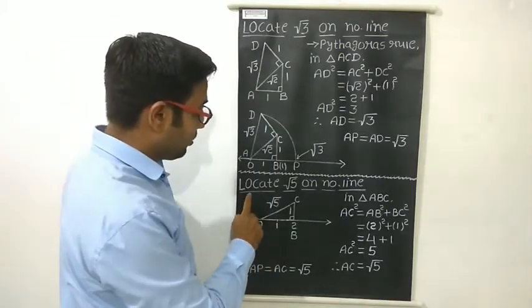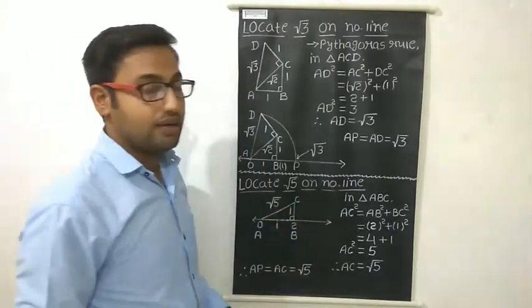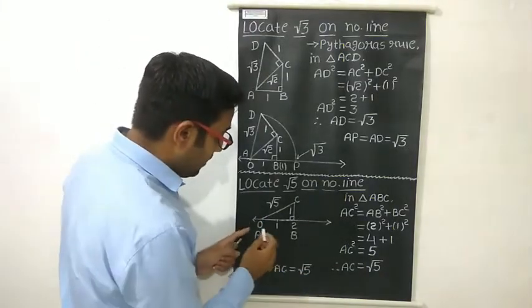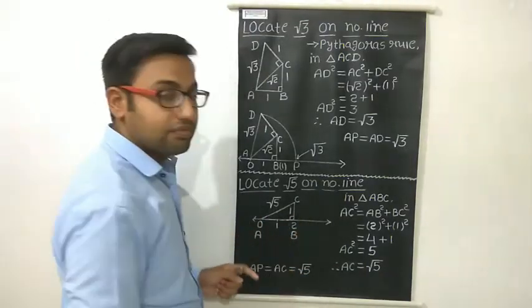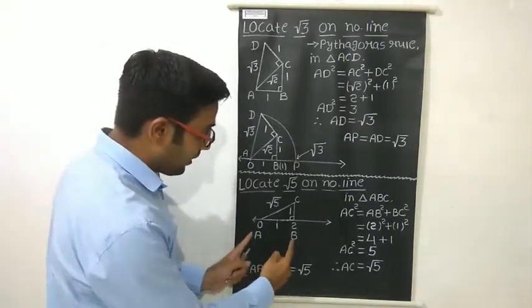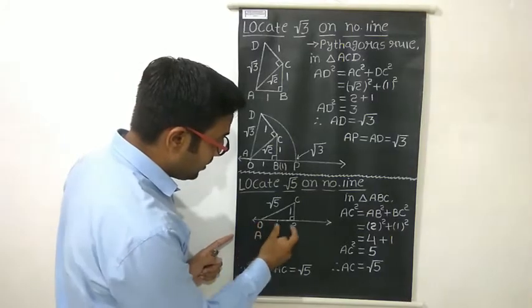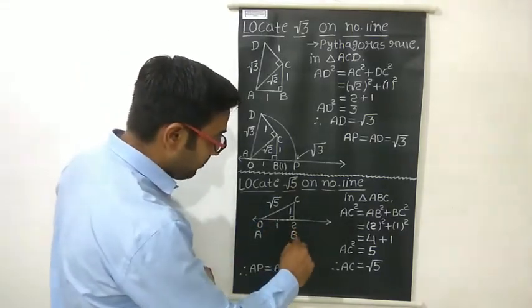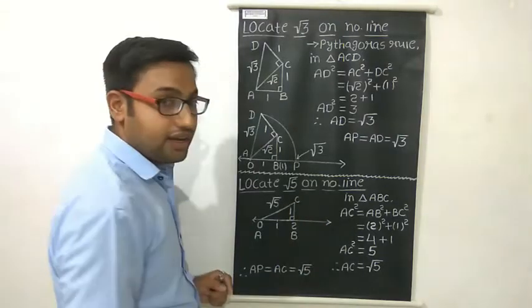There is another method to locate root 5 on the number line. To do that, see here. Take a right angle triangle ABC. AB we have to take as two units. See here, this is one unit, this is another unit, and from point B we have to take a 90 degree angle.